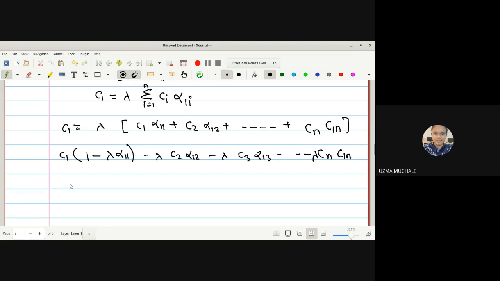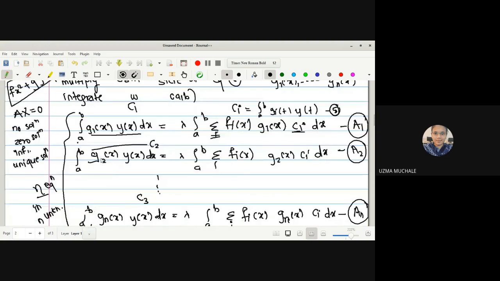Okay, so if it is done, we can take C1 common, and this will be 1 minus lambda alpha 1 1. Is the idea clear up to this?